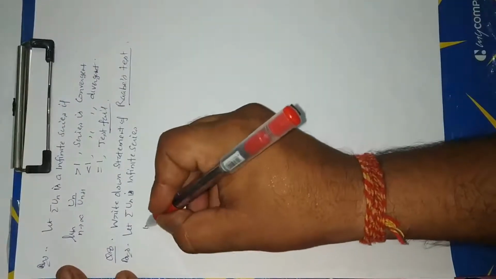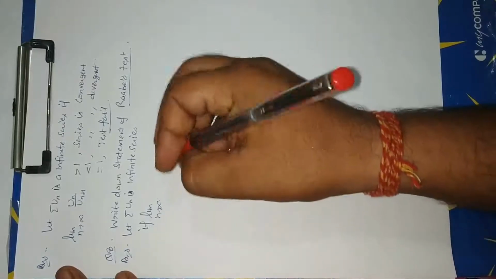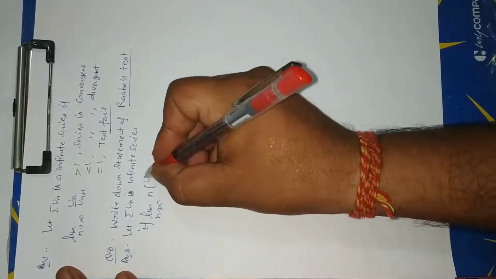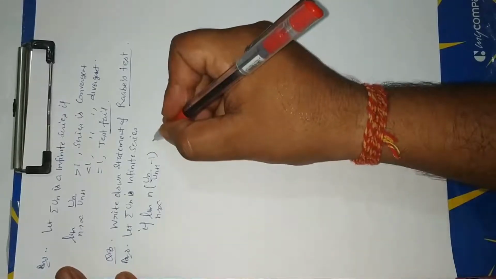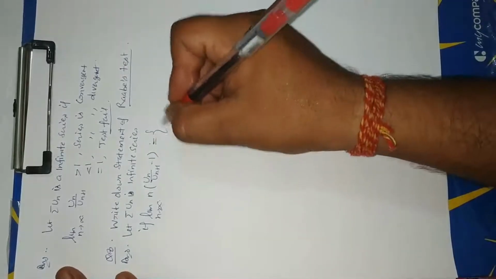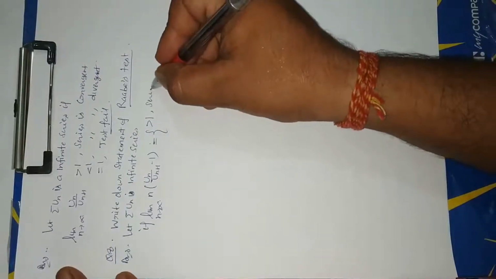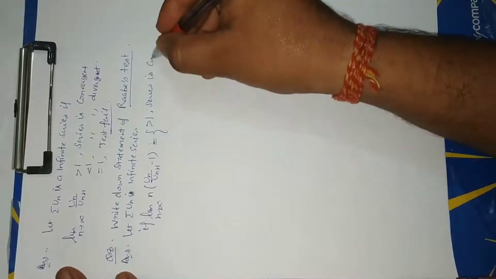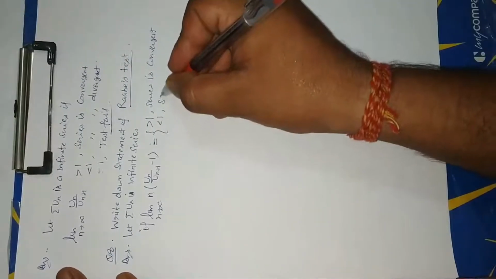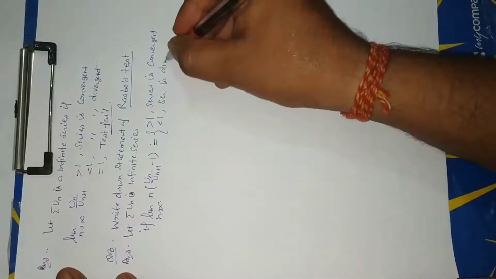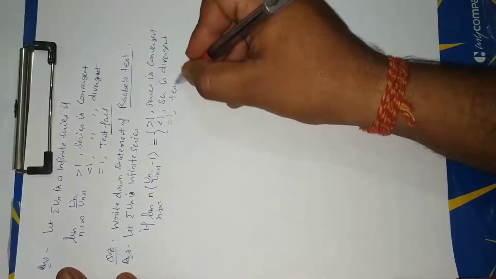Then if limit n tending to infinity n times un upon un plus 1 minus 1 is greater than 1, the series is convergent; less than 1, the series is divergent; equal to 1, the test fails.